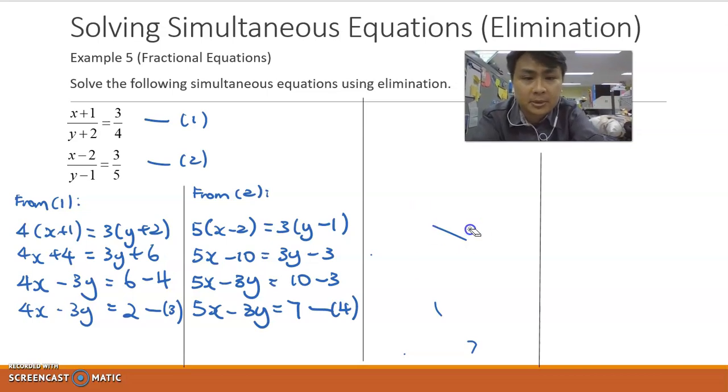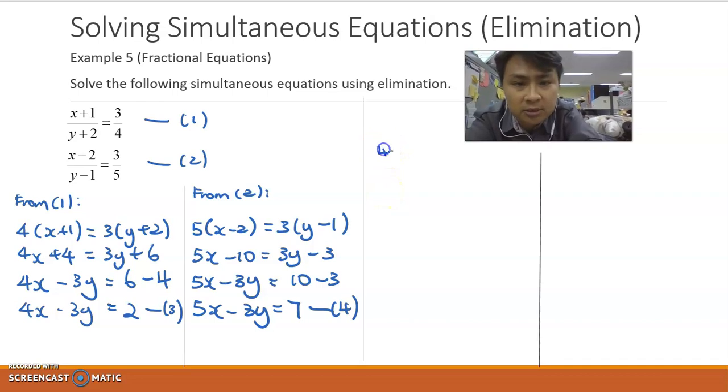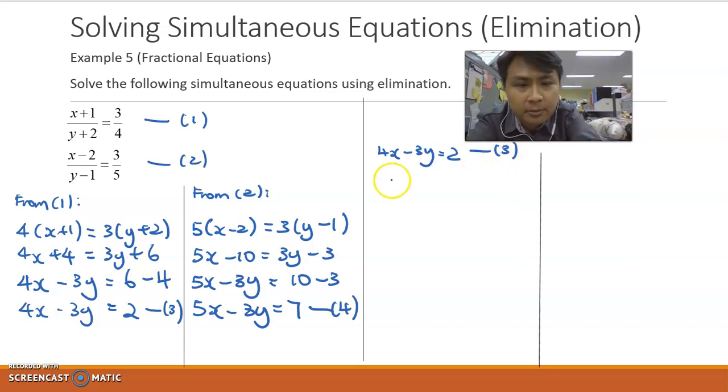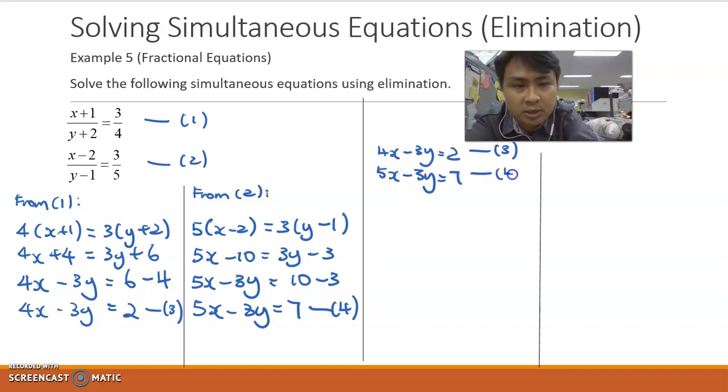Now the next step will be to do the same as what we have done previously. So now we'll just write down equation 3 and equation 4 together. 4x minus 3y will be equals to 2. This is our equation 3. 5x minus 3y will be equals to 7. This is our equation 4.